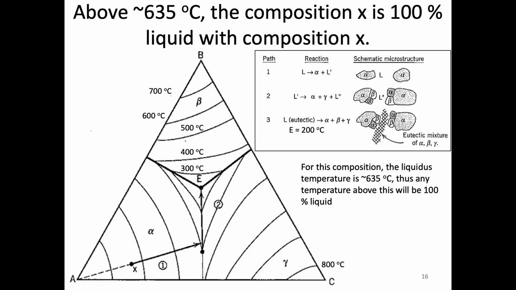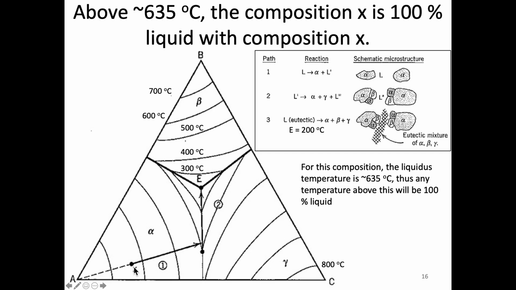The reason I knew this is because the temperature contours tell us the liquid composition. Looking at this diagram, this is the 300, 400, 500, 600, and then this is the 700 temperature contour. So I'm in the middle of it, and somewhere around 635 is where I'm at right here.